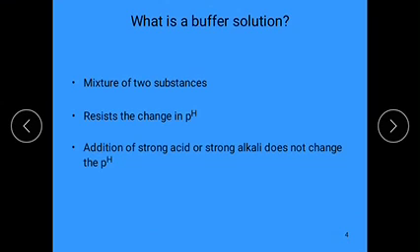Simply we can say, when we take any salt solution, its pH is exactly 7. With the addition of an acid, the pH decreases from 7 to 4.